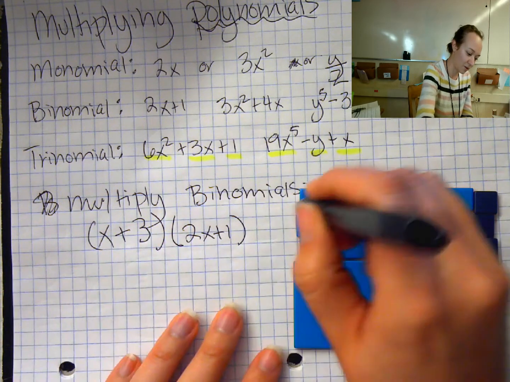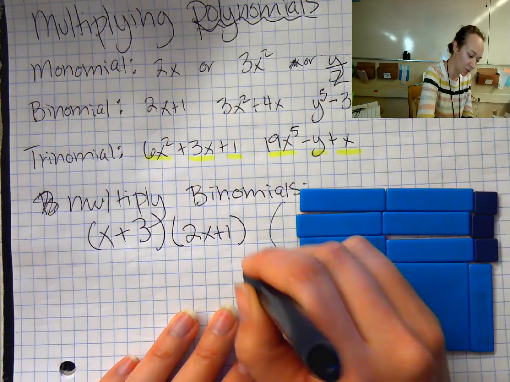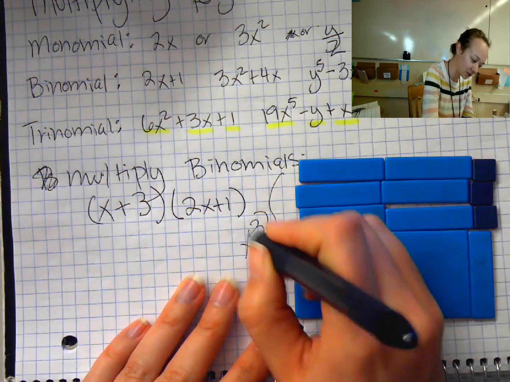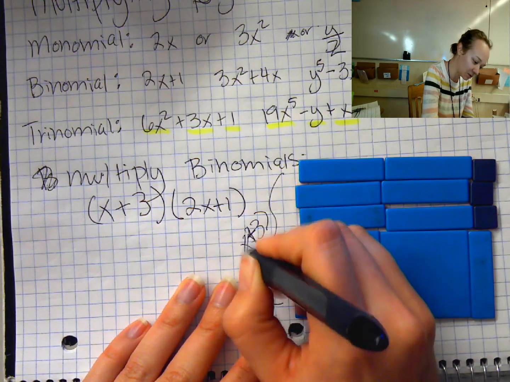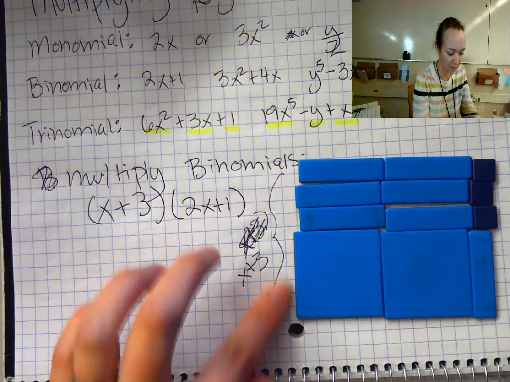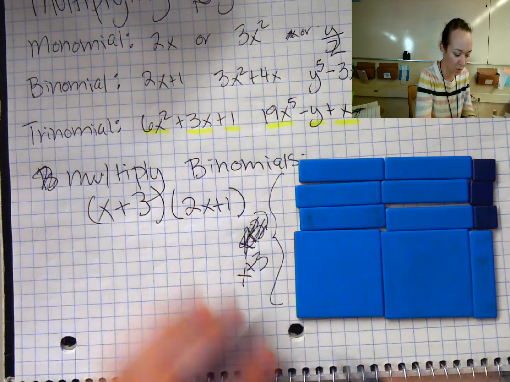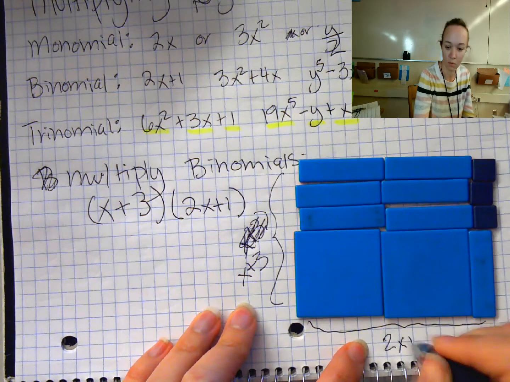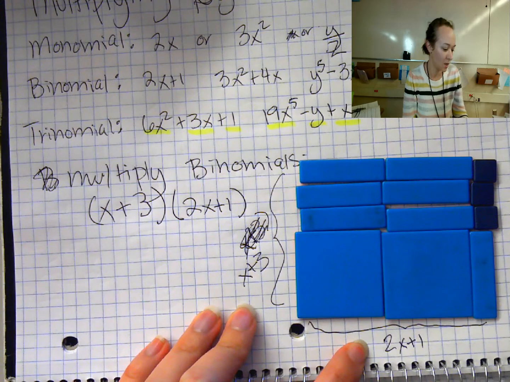On this side I have my x plus 3. On my other side I have, that's really not legible at all, I'm sorry. Let's try again. X plus 3 is over here because this is an x, and then 1, 2, 3. Over here I have 2x plus 1.